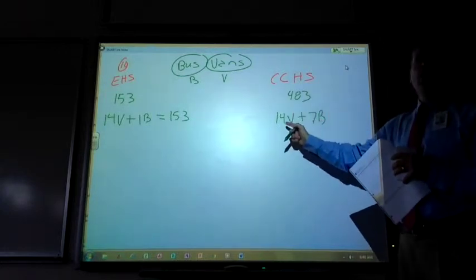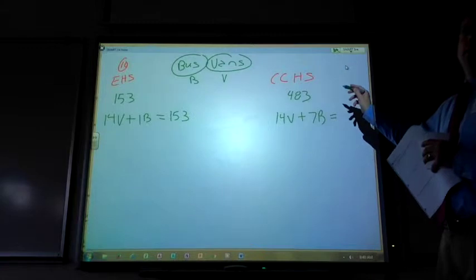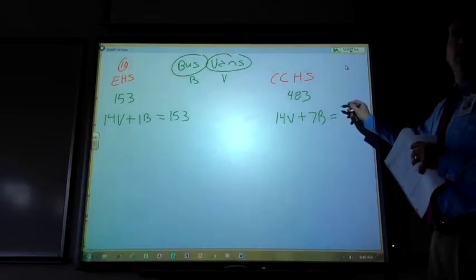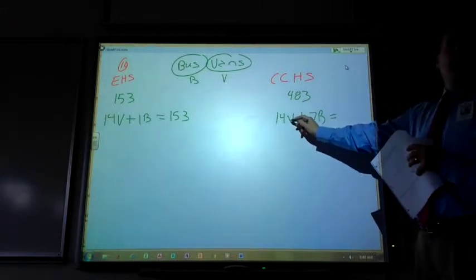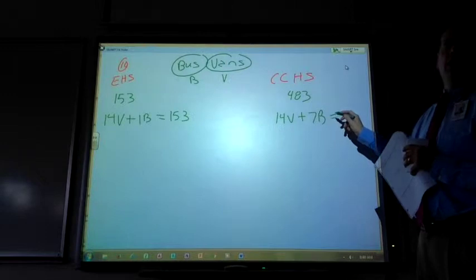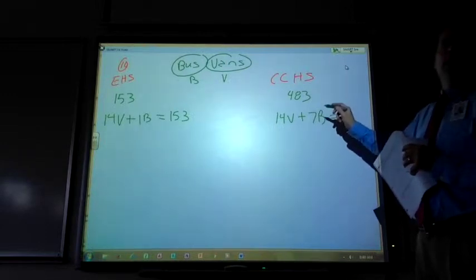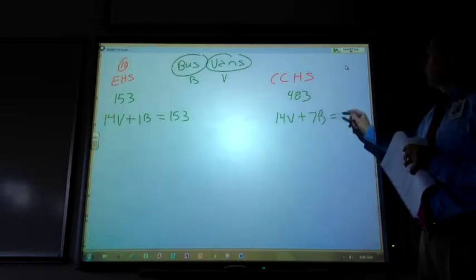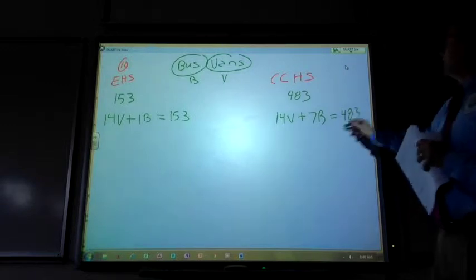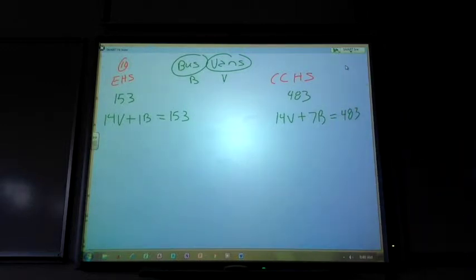So if I load all the vans and all the buses, that should give me how many people for Cherry Creek High School? 483. Okay? I see what you're doing. You're trying to count up all the vehicles, but we're not looking at a vehicle number. We know that of the vans and the buses, there's 483 for Cherry Creek High School. For Eagle Crest, all the vans and all the buses have 153.